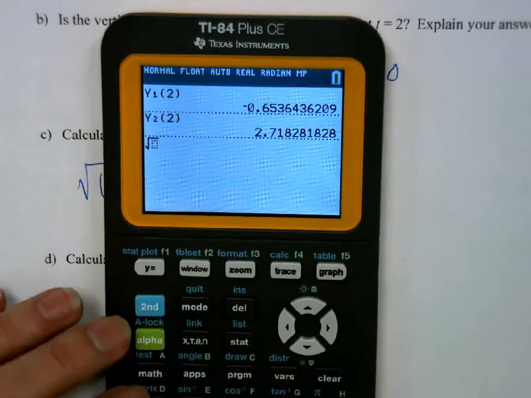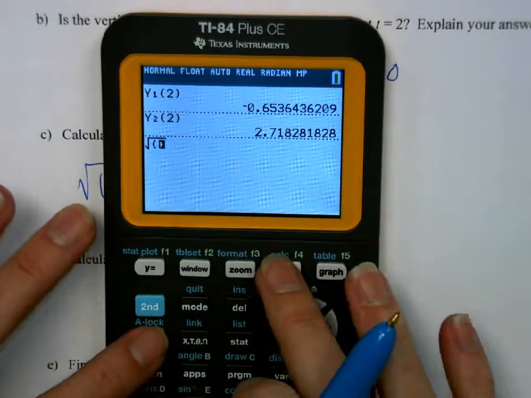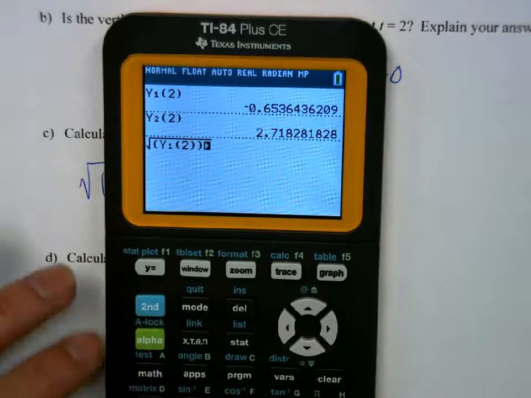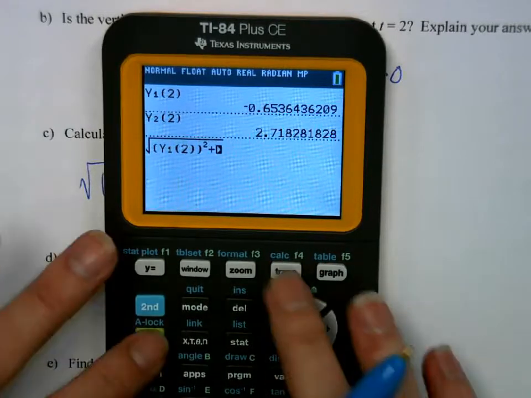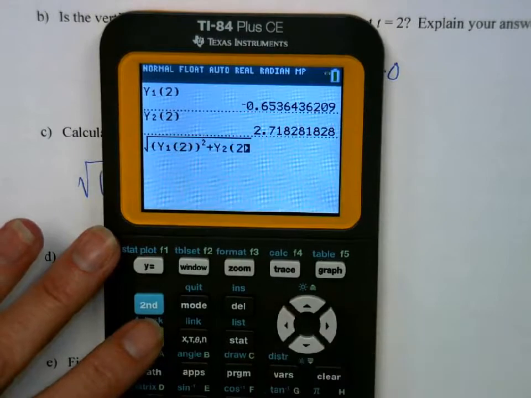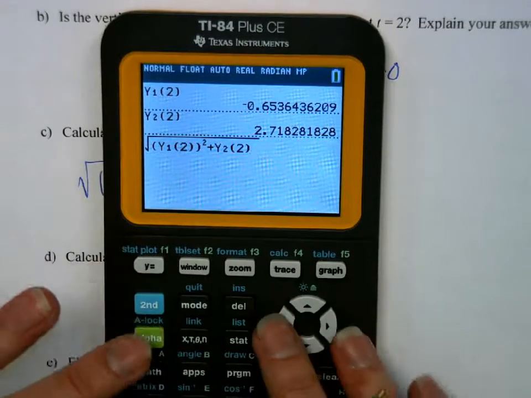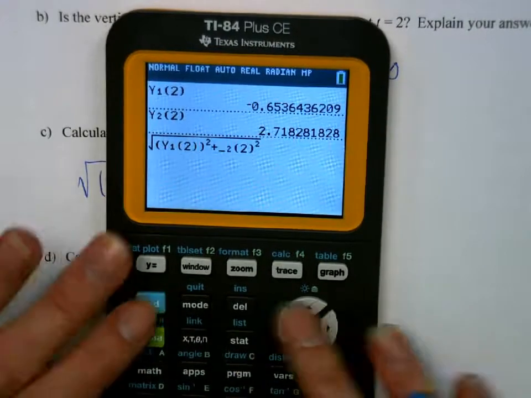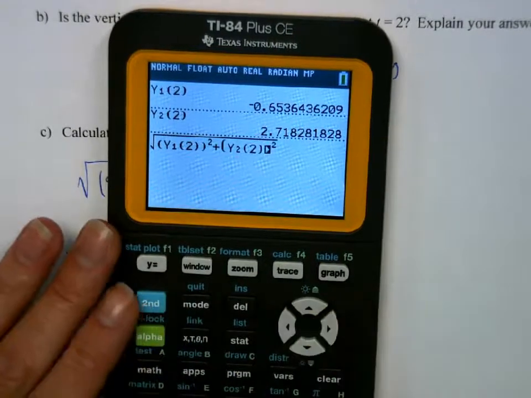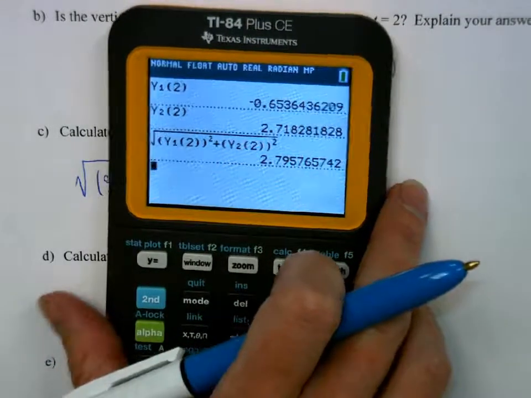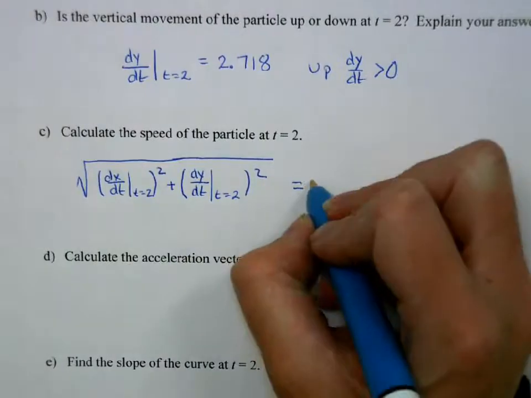So we're just going to use our shortcut, y1 evaluated at 2 squared plus y2 evaluated at 2 squared. Go ahead and put in parentheses. Okay, and we get 2.7995 or 96.